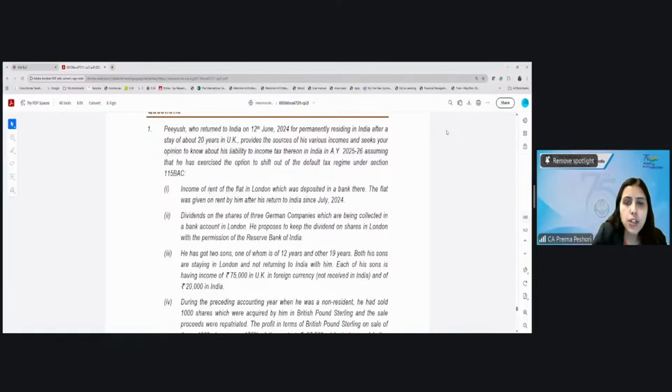So he has returned to India on 12th June. So he stays in India for 293 days, which is more than 182 days. Right, here we'll consider the 182-day period. However, he would be RNOR because he has been always outside India. So we are assuming that he has been outside India for 9 out of 10 years. And his stay in India is less than 730 days because he has never been to India.